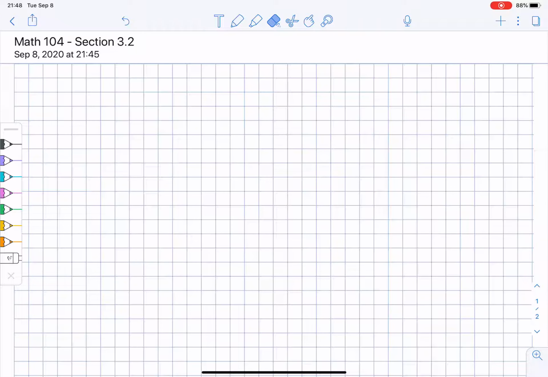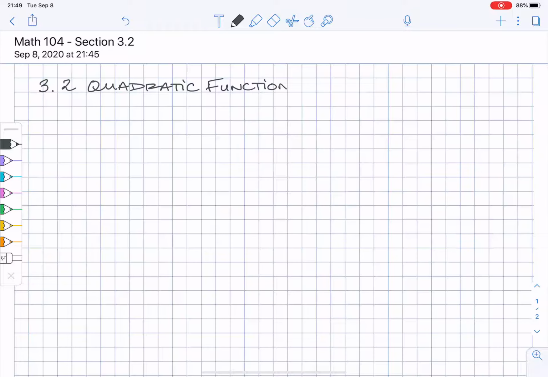Okay, so welcome to section 3.2, and this is quadratic functions. Okay, so let's recall.